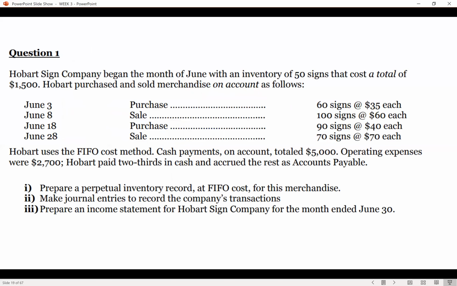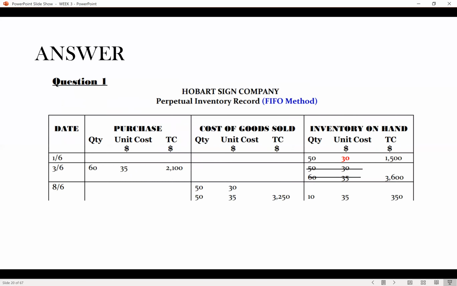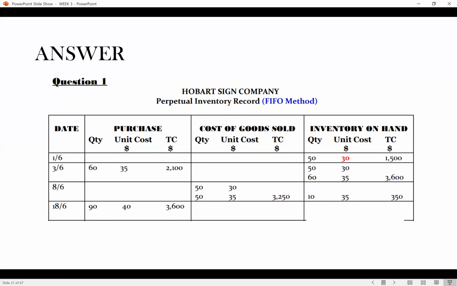So let's look at June 18th. June 18th, we had a what? We had a purchase, 90 signs, and we purchased it for $40 each. Looking back, our inventory on hand, 10 at 35, that gives us 350. So here, we'll be going to the purchase column. How much did we purchase? 90. Unit cost, 40.